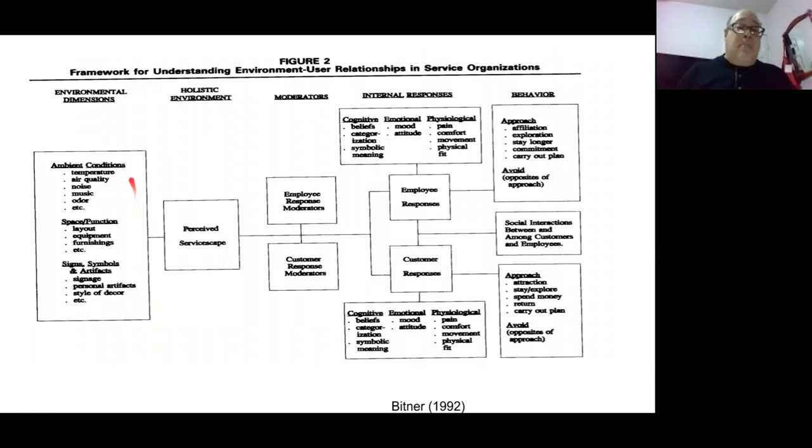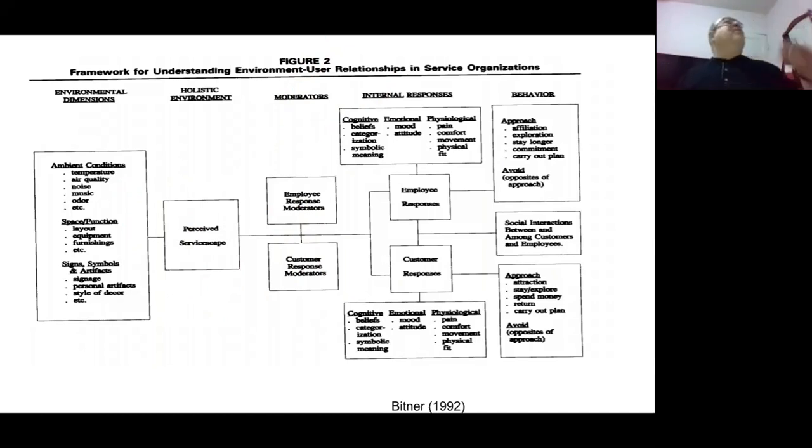So that perception of the servicescape creates a moderator, and it's going to impact both the employee and the customer. Again, if the employee has to go through many rooms, stairs, and closets to get napkins, that's going to influence them. That's part of the layout.